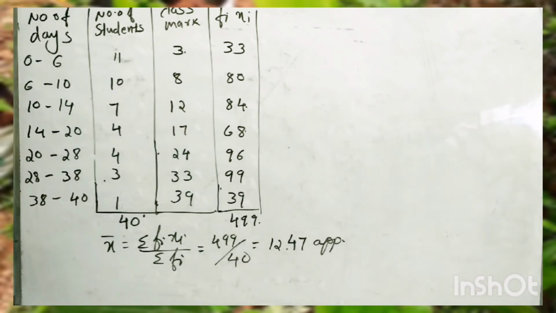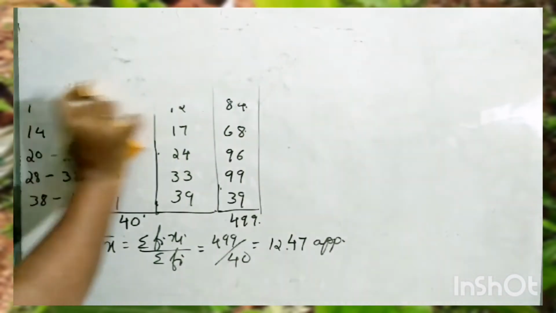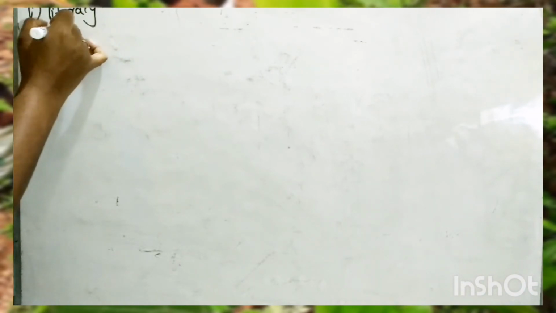Ninth question. The following table gives the literacy rate in percentage of 35 cities. Find the mean literacy rate. The given information is the literacy rate in percentage and the number of cities.